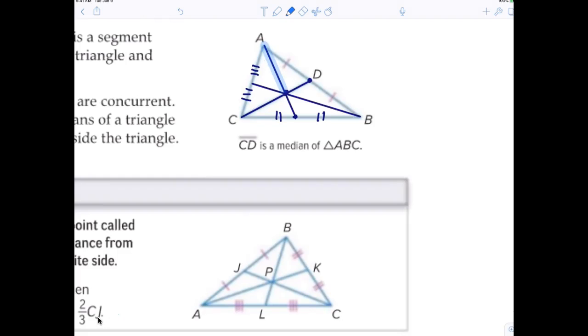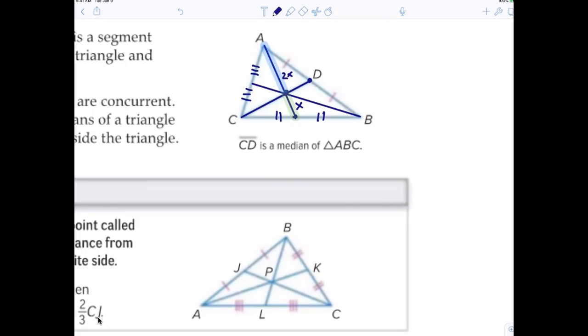This part right here and this part right here. There's always a relationship between the vertex to the centroid and from the centroid to the side of the triangle. We call this x. This would be 2x. And then the whole length would be what? 3x. All right, so there's always that relationship.